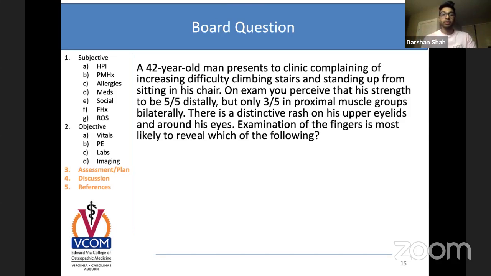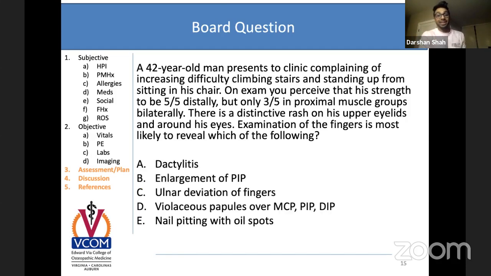So what would the fingers show? Would they show dactylitis, which is inflammation of the fingers, enlargement of the PIP joint, ulnar deviation of the fingers, so that means the fingers moving more towards the right side if your palms are down? Would you see violaceous papules over the metacarpal, the PIP, and the DIP joints?